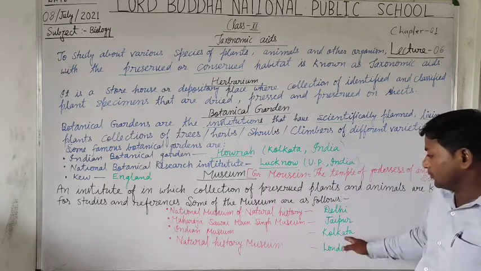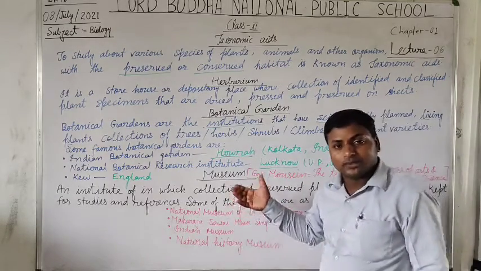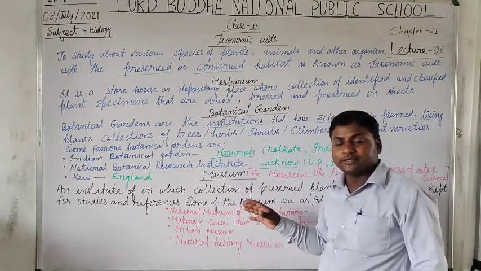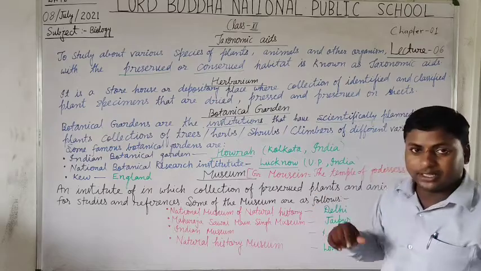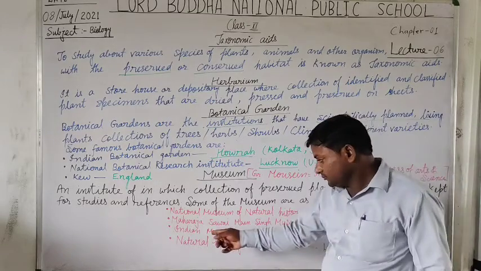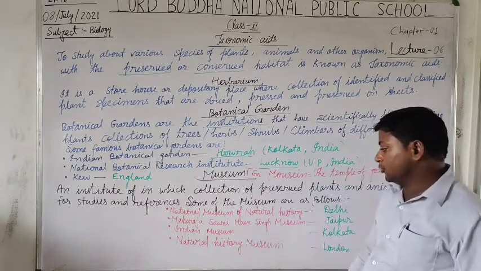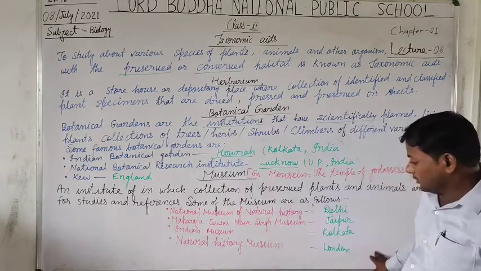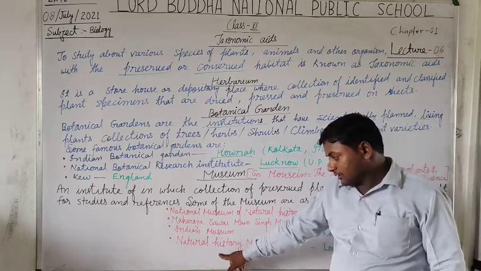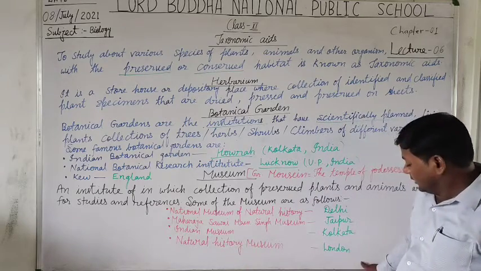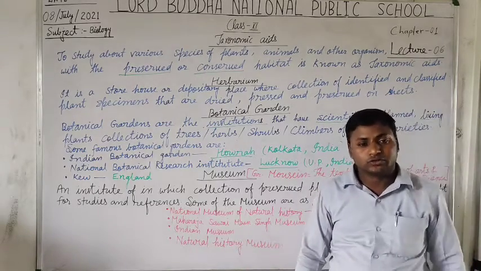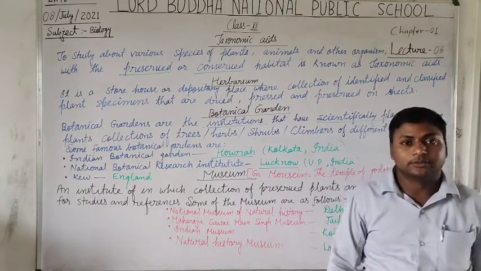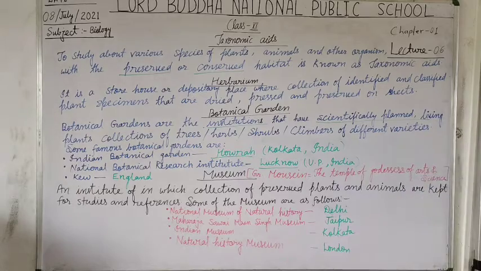In this museum, preserved plant and animal species are kept in a very large amount. Next one is the Indian Museum in Kolkata, and the last one is the Natural History Museum in London. So students, you can take a screenshot of this lecture.